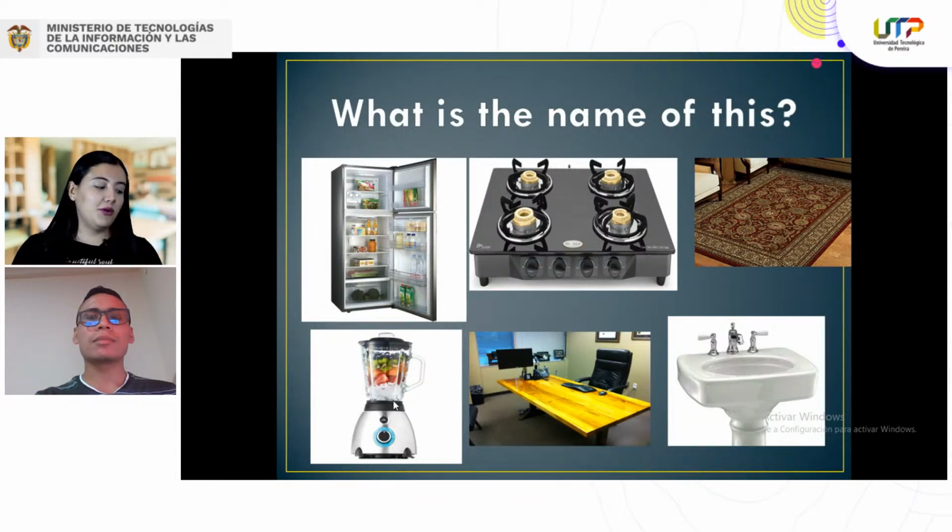Do you remember maybe from the previous slides that we explained the word? How do we call the surface, the one that is made of wood, where we put the computer on? How do we call this? Do you guys have any idea? How do we call this?